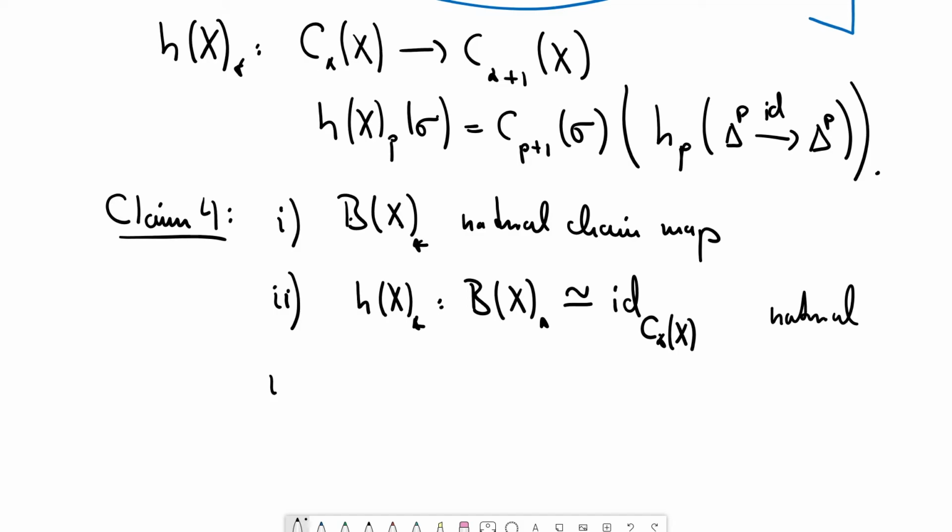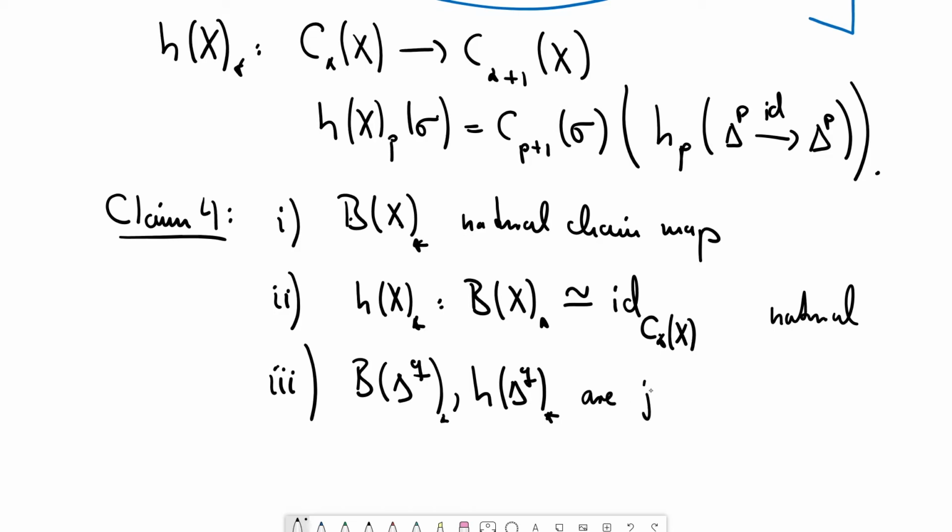And the third statement is something that Holger just mentioned, or we both mentioned, that B delta Q and H delta Q are just identical to what we already defined. So the whole family Bx extends the previous definitions.